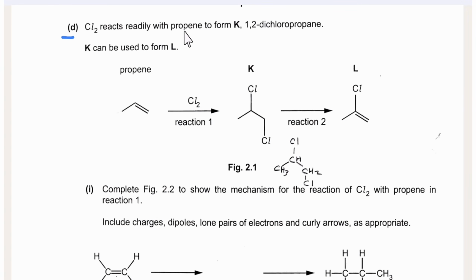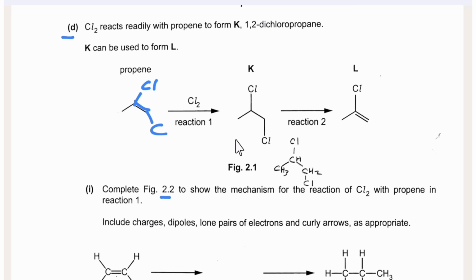Chlorine reacts readily with propene to form K, 1,2-dichloropropane. Chlorine reacts with propene, the double bond breaks, and two chlorine atoms are attached on either side of the double bond, giving this structure. Then complete figure 2.2 to show the mechanism for the reaction of chlorine with propene in reaction 1.